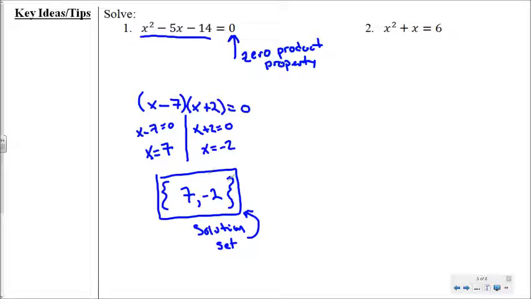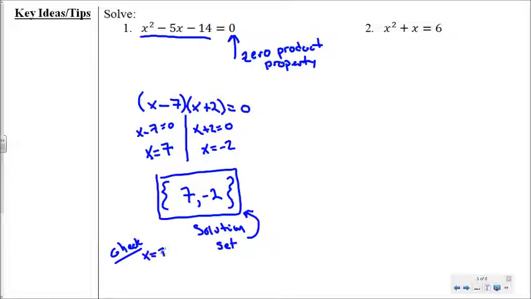Okay, and that's how we will express our answers for quadratic equations. We'll express them as a solution set, a set of numbers which solve this equation. If we go back and check this, say I plug in 7 to this equation, you can check these answers and it will actually work.